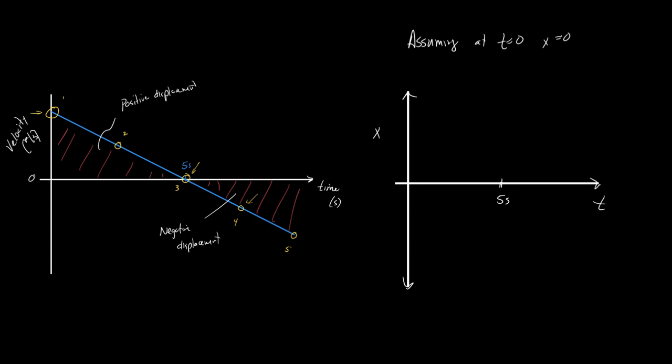Where is the object at every moment in time? A position graph can tell you velocity, correct? We just talked about it. How do you determine the velocity from a position versus time graph? Slope. Okay. So at the point marked 1 on the velocity graph, is the velocity positive or negative?